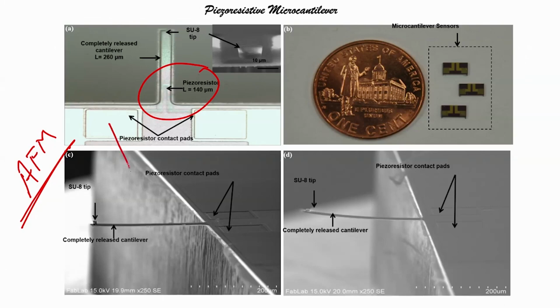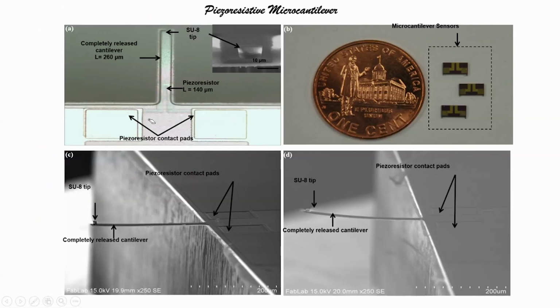That means if I measure the resistance across these two pads, depending on how much my cantilever is bending, there will be strain induced into the piezoresistor, and corresponding to this strain, I would see a change in the resistance.